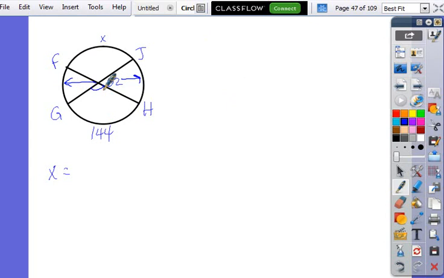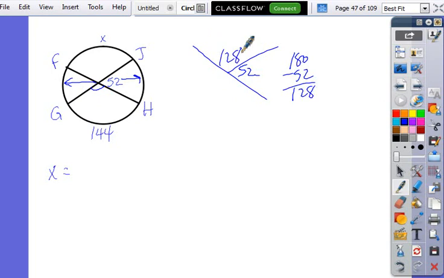I told y'all at the beginning, make sure you remember this because we're going to have to use it. There's a 52, right? The other one would be this. That's going to be 180. It's got to be 180. There's a line. Part of it is 52.